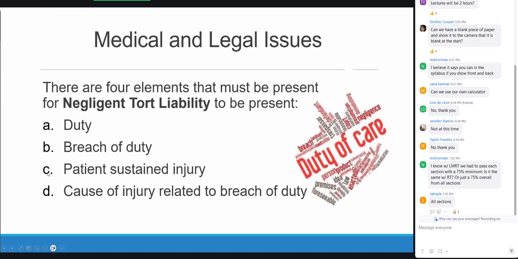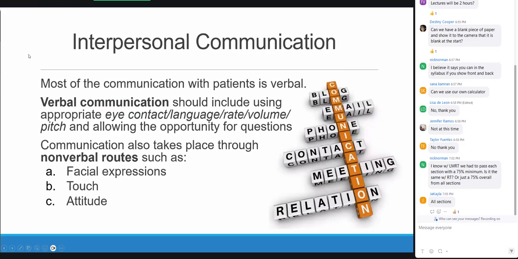So A, B, C, you're innocent until proven guilty. Once we've gotten these three established and we get to 4 or D, then it becomes the defendant's job to prove that they were innocent and they did nothing wrong. So that is one of the instances in which that occurs. Any questions about legal aspects?